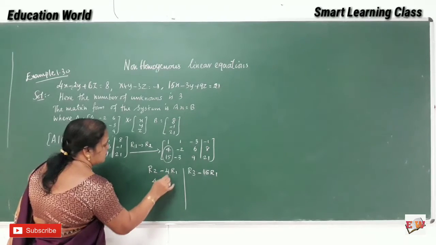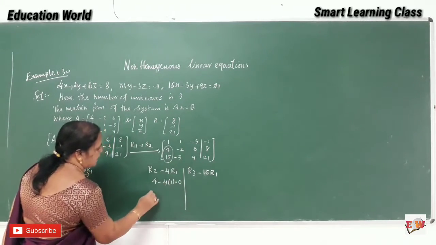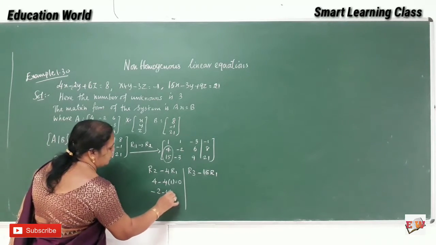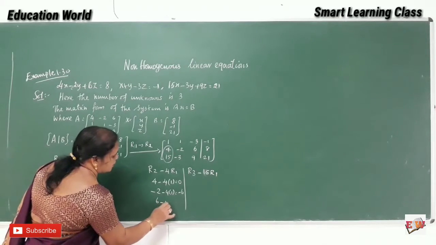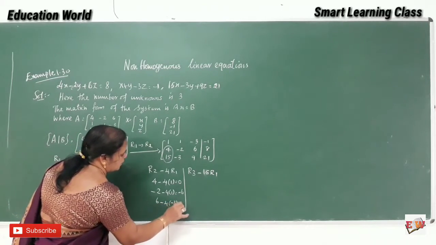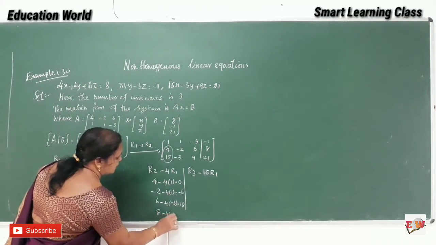R2: 4 minus 4 into 1 equal to 0, minus 2 minus 4 into 1 is minus 6, 6 minus 4 into minus 3 is 18, 8 minus 4 into minus 1 is 12.